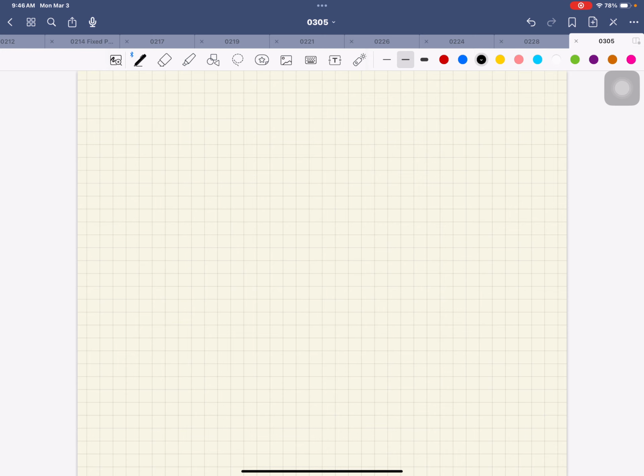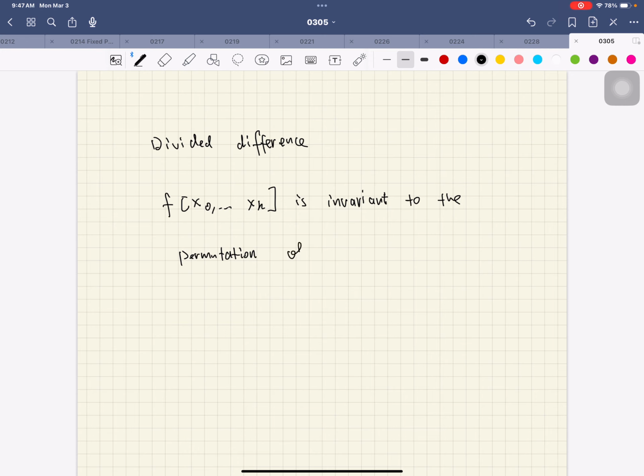Particularly, we showed that the divided difference f[x0, ..., xk] is invariant to the permutation of the arguments x0 up to xk. Okay, so what does this mean?